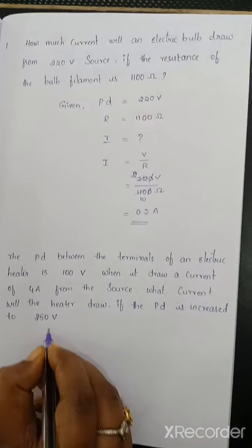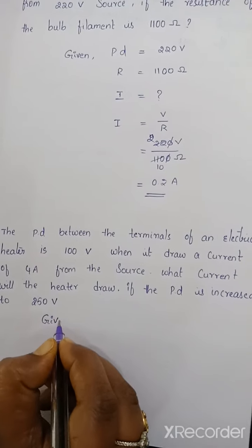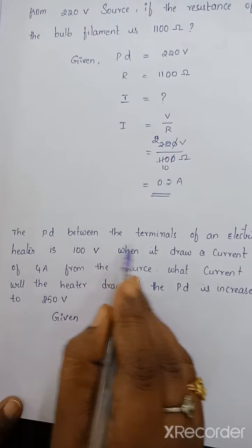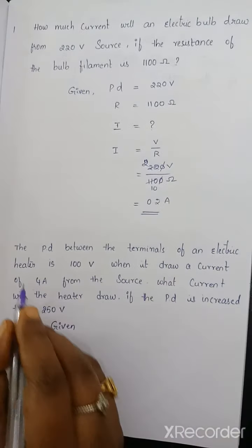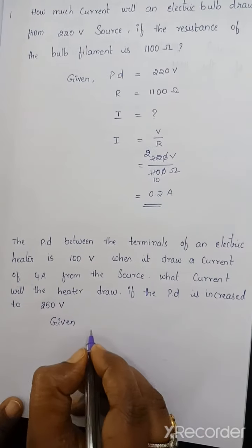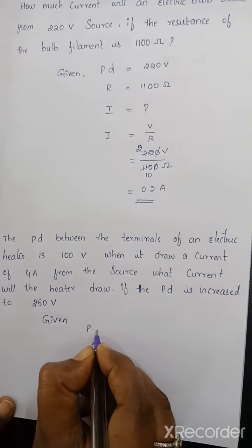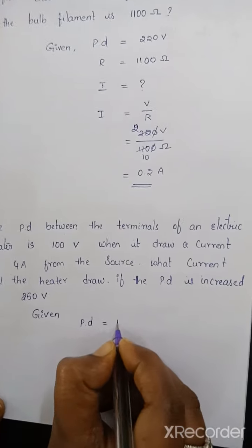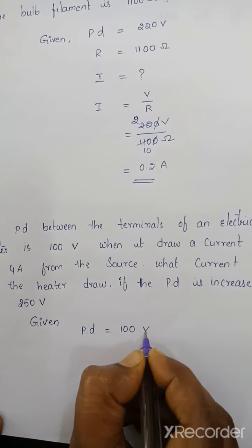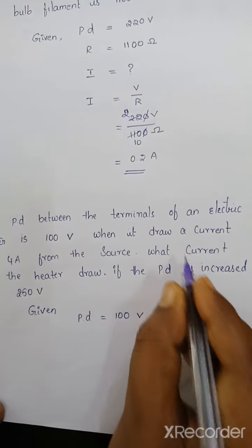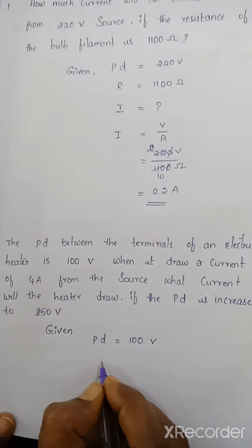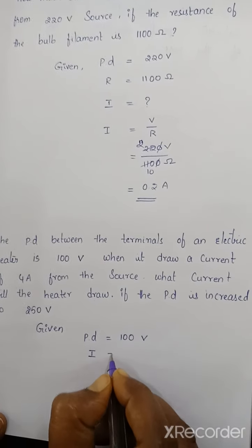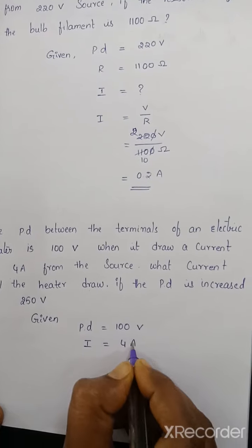Now, first write the data given. Potential difference equal to 100 volts. And it draws a current of 4 amperes. So, I equal to 4 amperes.